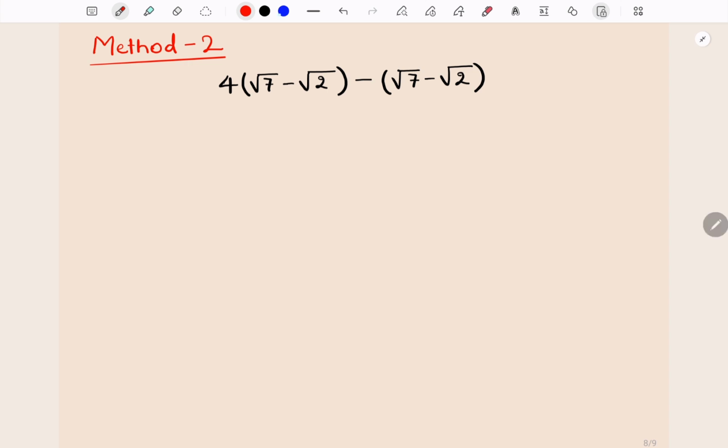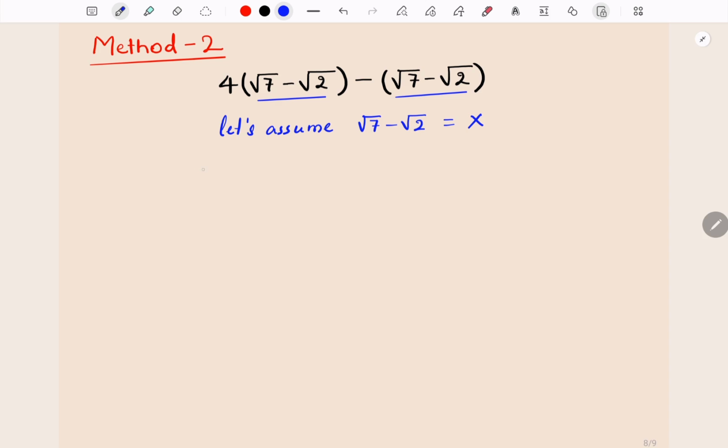Look carefully. You can see we have root 7 minus root 2 here and root 7 minus root 2 present here. So it is being repeated 2 times. So we can assume, let's assume root 7 minus root 2 is equal to x.